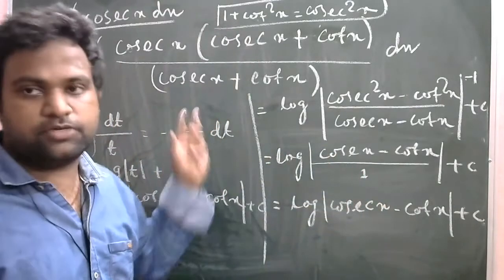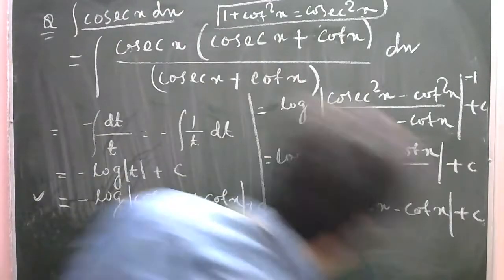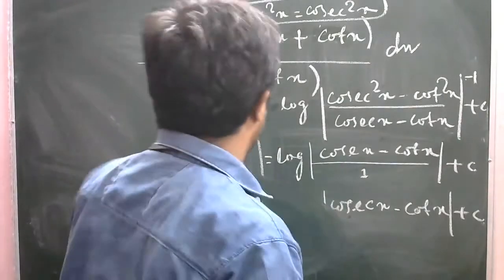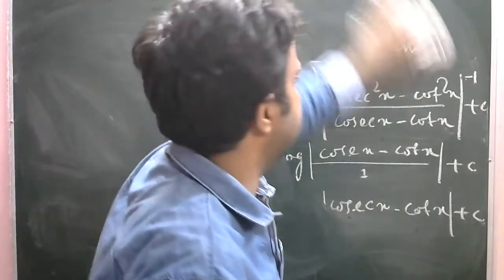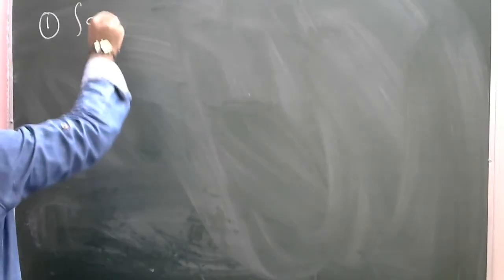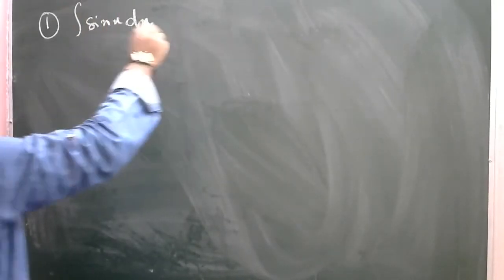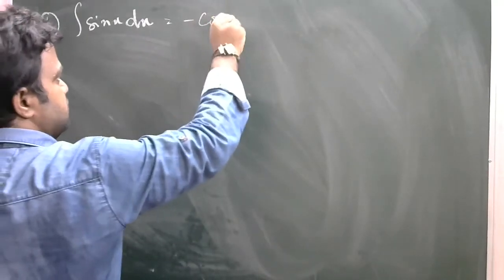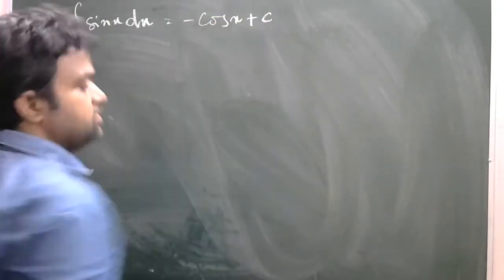So what is the result? If you summarize, we got the results for all the 6 integrals of all the 6 trigonometric functions. That is, number 1, integral of sin x dx is minus cos x plus c.